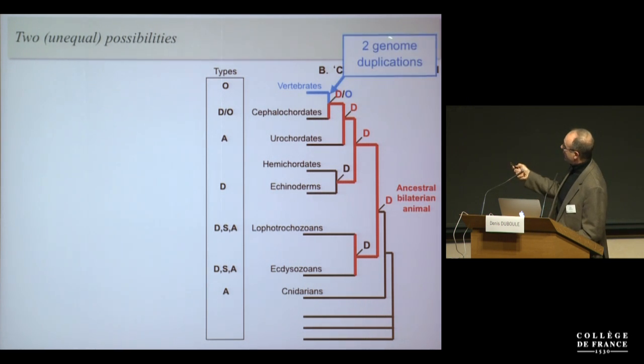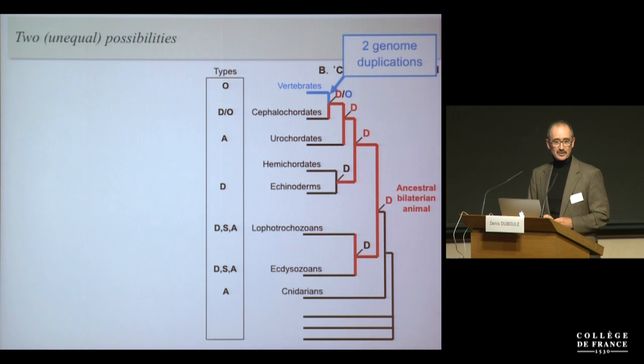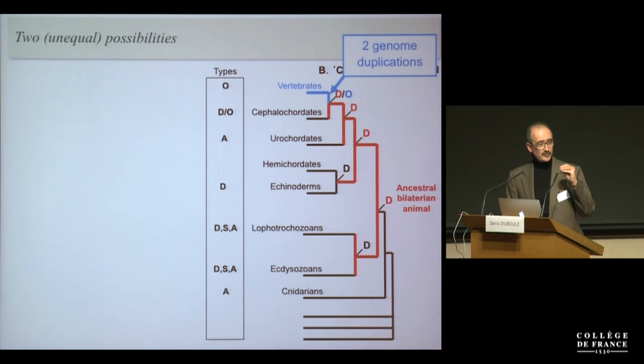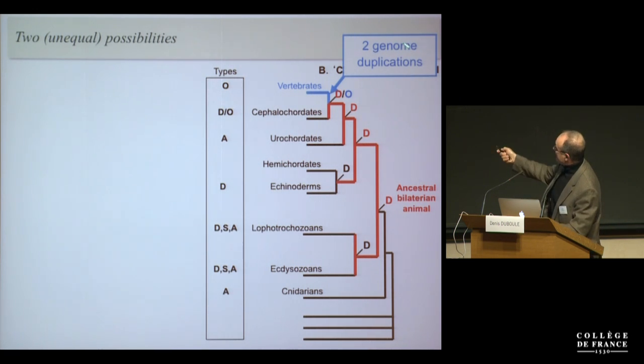Well, as you know, two genome duplications occurred on the way to vertebrates. And this is why we tend to have four times the amount of genes that Drosophila or nematodes have, because we are octoploid flies, in fact. And we believe that this gene duplication gave some room to consolidate the vertebrate cluster.